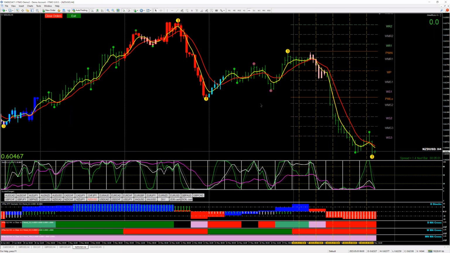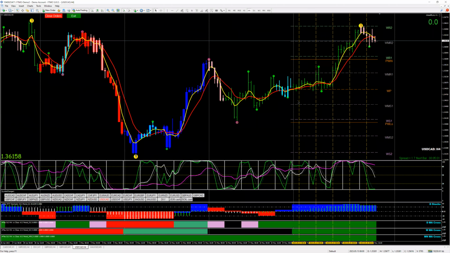USD CAD, long, so Monday was a long trade, Tuesday, Wednesday, Thursday, and then there's no trade. USD Swiss, weekly is long, so here's a long trade, here's a long trade, sort of a long trade, no trade.